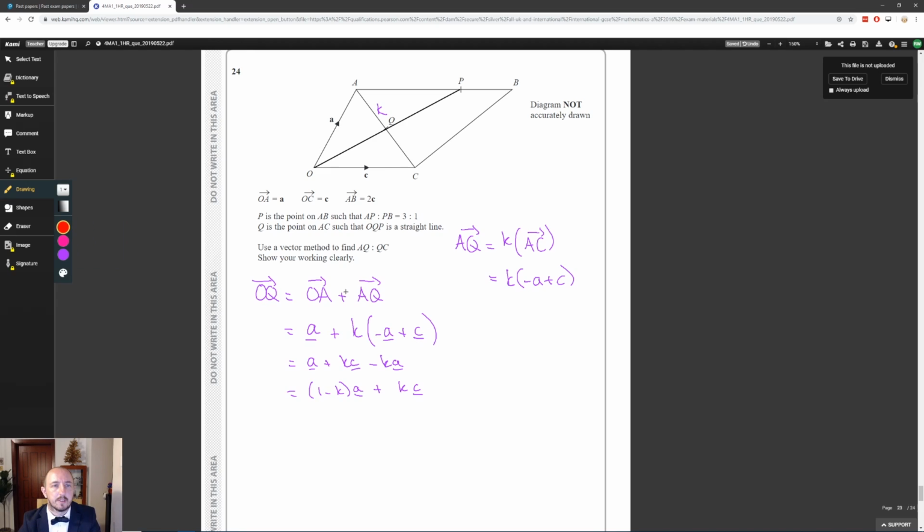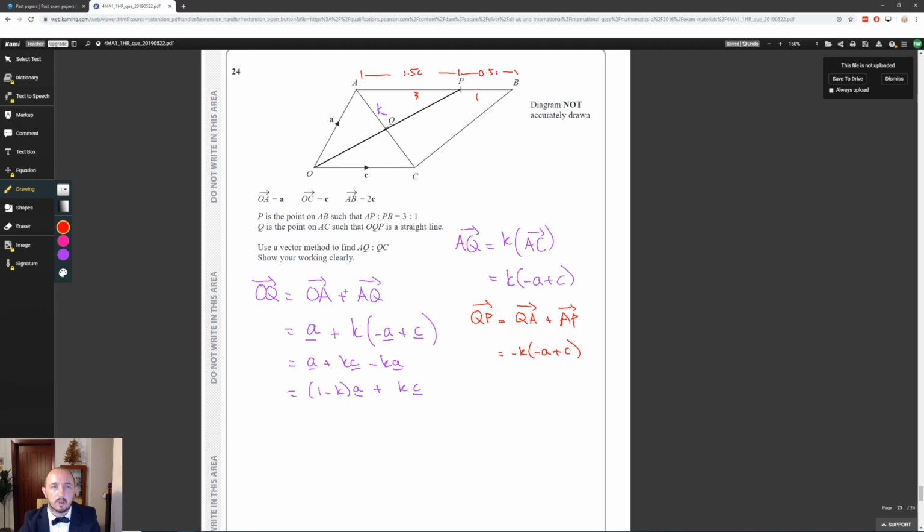Now if we do the same thing for Q to P, what we can do is we can go Q to A plus A to P. From the question, A to P is in a ratio of 3 to 1, and the whole of that vector is 2c, so it's 3/4 of 2c. 3/4 of 2c would be 1.5c to get us from A to P, and 0.5c to get from P to B. So QA, if we're going from Q to A, we're going in the opposite direction of A to Q. So we're going to do the opposite of this, minus K(minus A plus C).